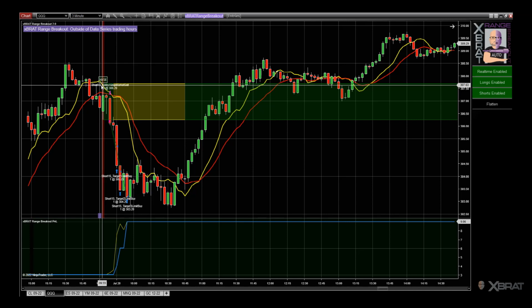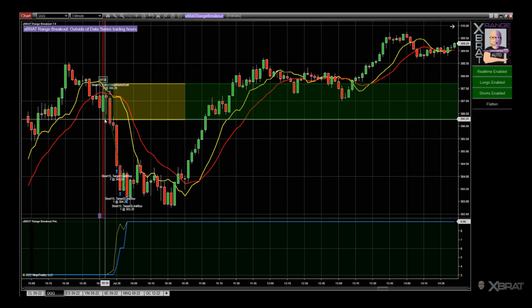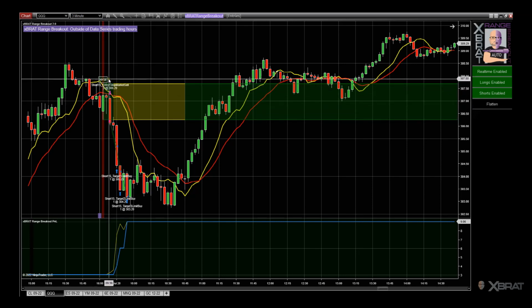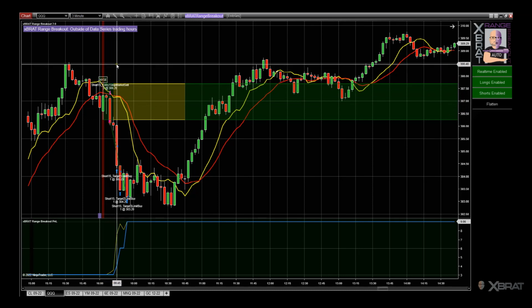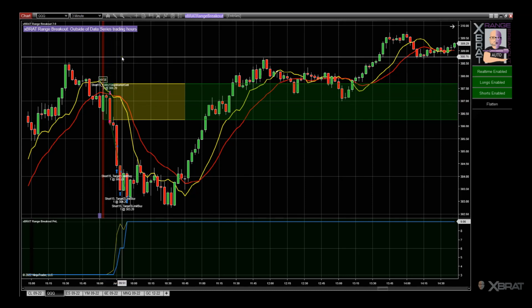When we get that open here, that first 3 minute candle defines that opening range, but also it gives it a bias. In this case, it's green. That's the New York Stock Exchange open. And if we were to pop out of that green, we would take the long. It's called an opening range trade.